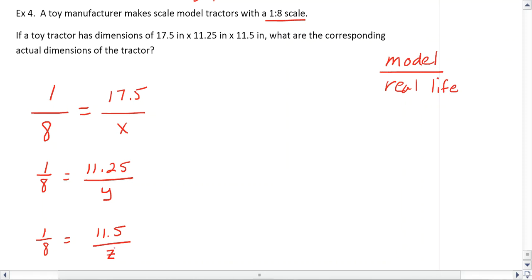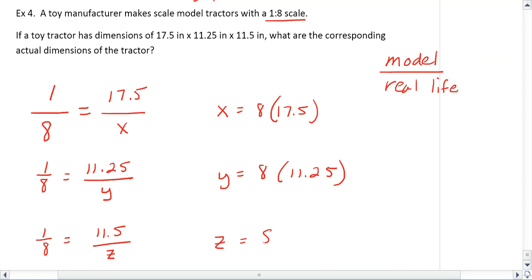So now I need to do some cross multiplying to find out the three measurements in real life on the tractor. So for x, I'm going to take 8 times 17.5 because x times 1 is just x. Also here to find y, we'll take 8 times 11.25, and to find the third measurement, we will take 8 times 11.5.